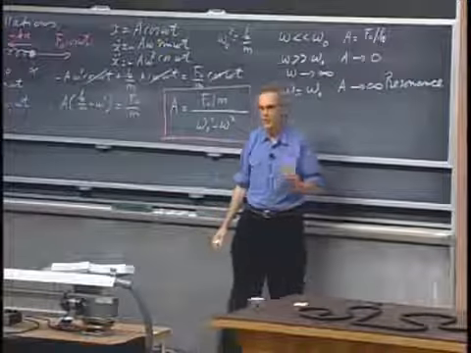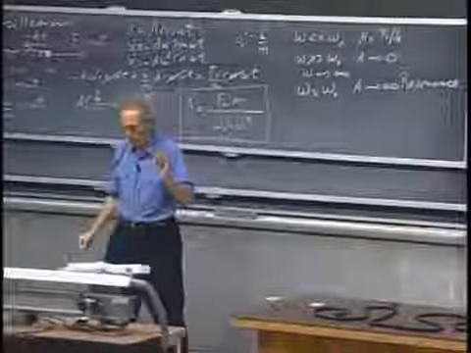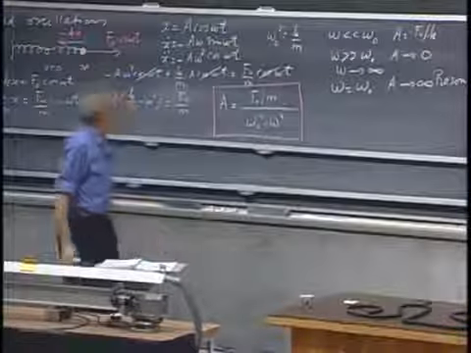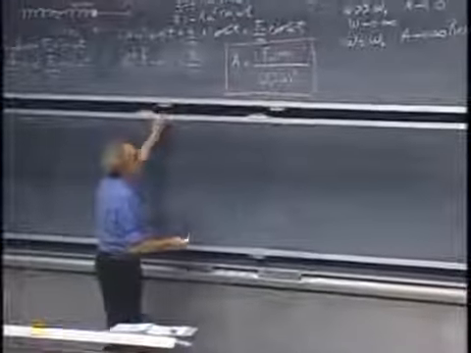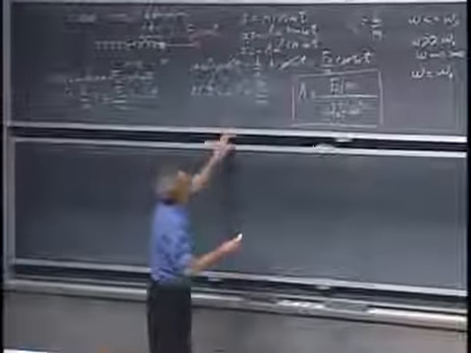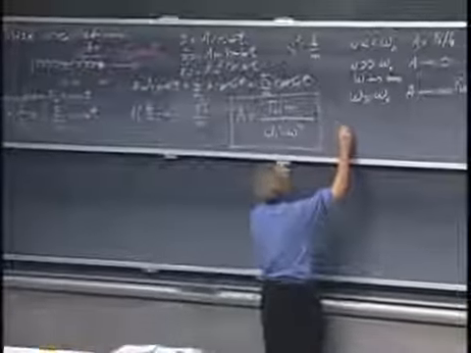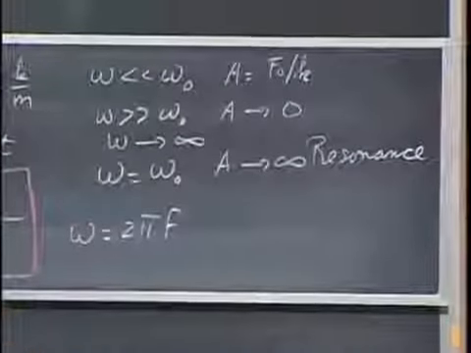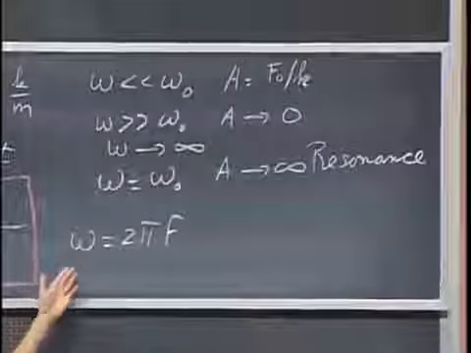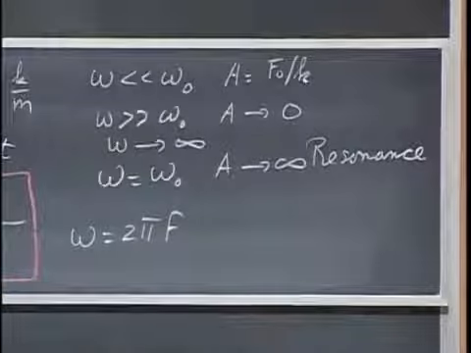So if we drive it at that frequency, the system goes completely berserk. I can make a plot of A as a function of frequency. When I say omega, you can obviously always change to hertz if you prefer that, because omega is 2 pi times f. So you can do it either in hertz or in radians per second, of course.